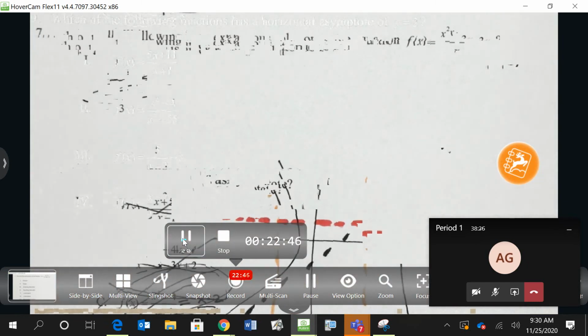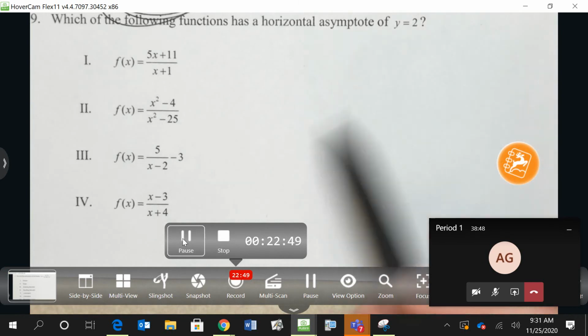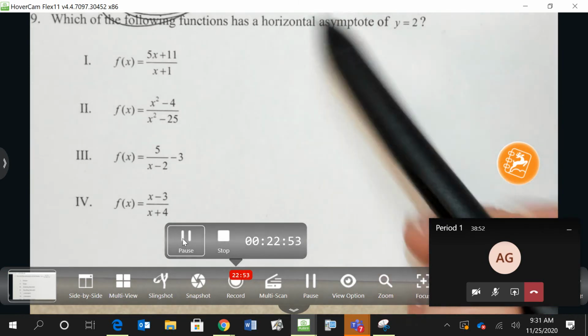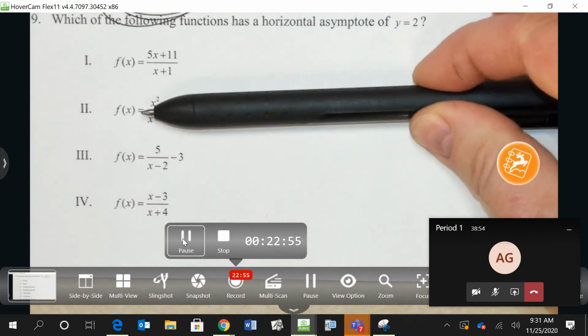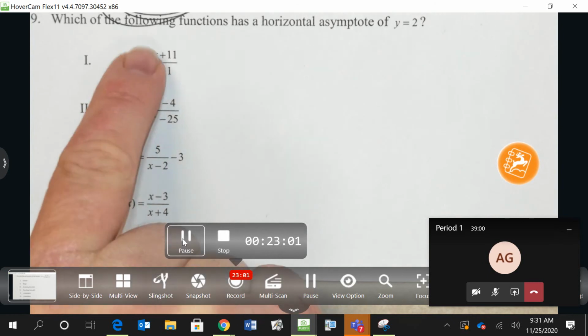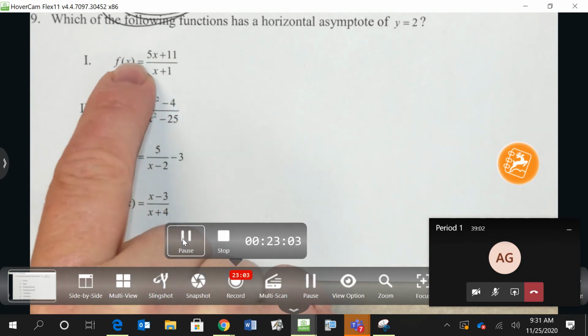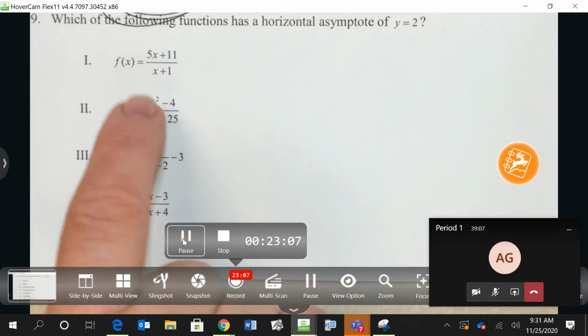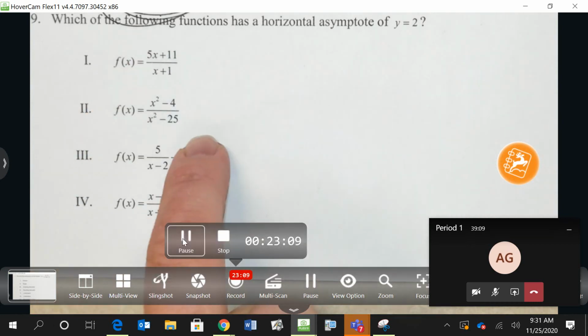So if we go back here and talk about what you can define on a graph, remember that we are able to figure out the horizontal asymptotes in a couple of ways. Notice how options Roman numeral 1, 2, and 4 are all in a different form than 3.